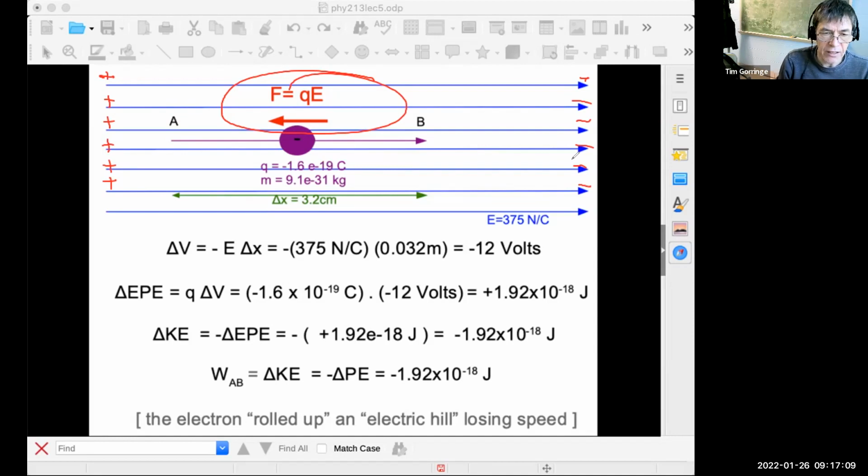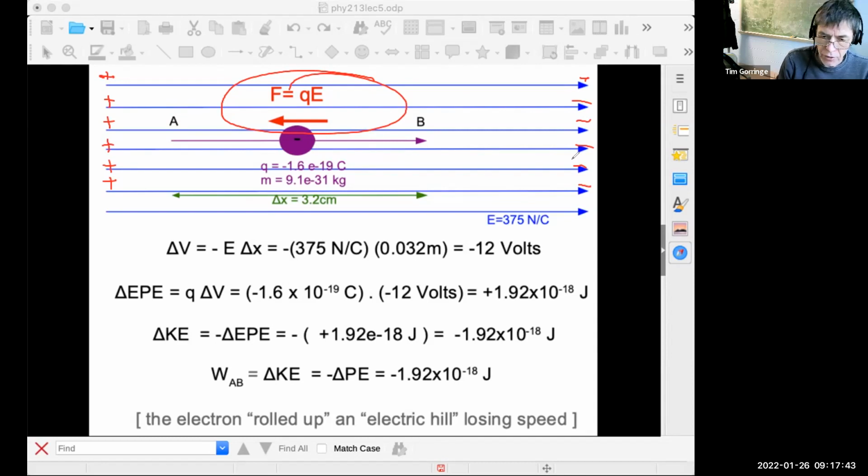What that does is decrease the kinetic energy of the electron, and it will increase the stored potential energy of this arrangement of the electrical field. So all of those three things, the work done, the change in kinetic energy, the change in potential energy, have flipped their sign between the proton problem and the electron problem, between the positive charge problem and the negative charge problem.